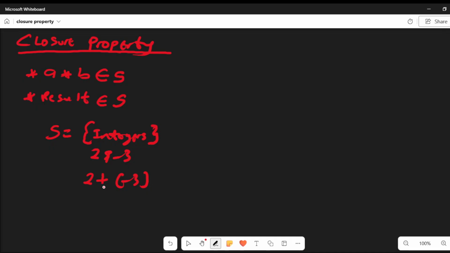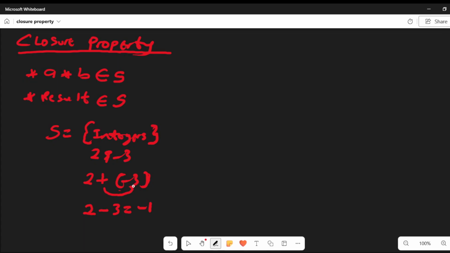So we are going to open this bracket. To open it, we multiply the plus and minus together. Plus multiplied by minus is minus, and 2 minus 3 is -1. The two elements of this operation, 2 and -3, are members of set S, they are integers.